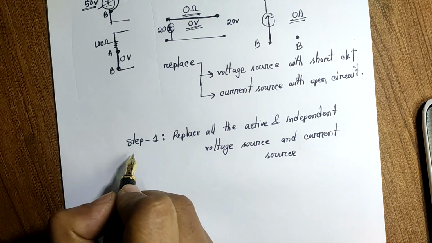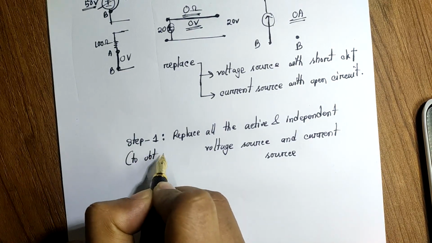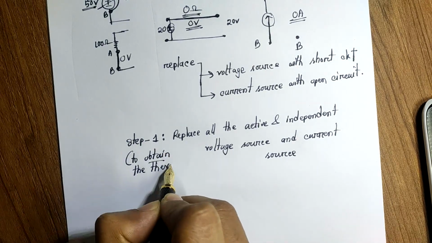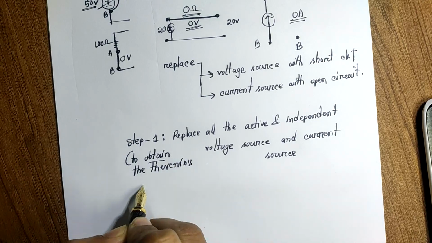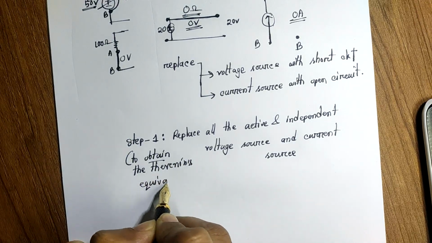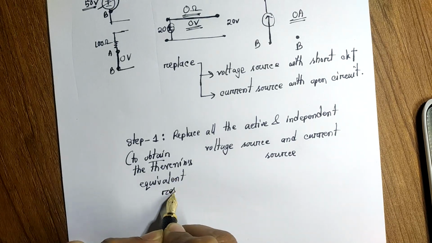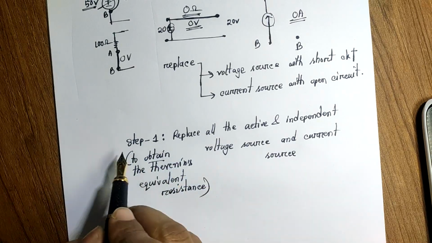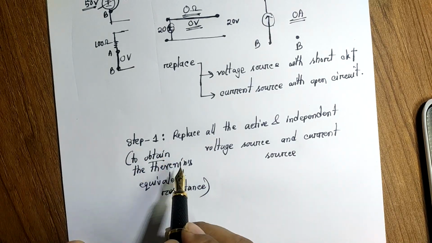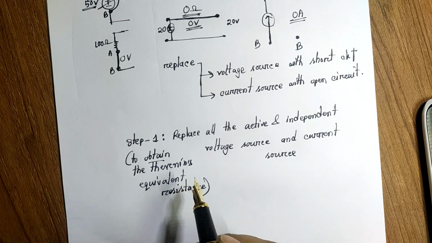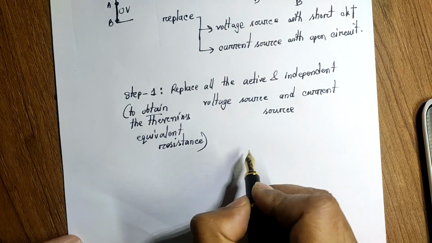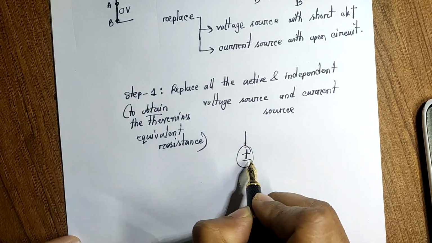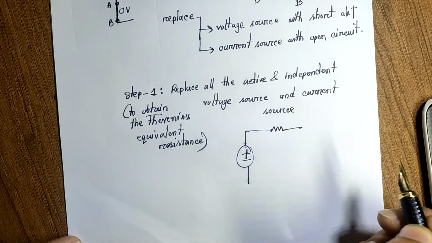is done to obtain the Thevenin equivalent resistance. That means we will proceed with step number 1 in order to find the Thevenin's equivalent resistance. And by Thevenin's equivalent resistance, what I mean is, if you remember, in the Thevenin equivalent circuit, there will be only one voltage source and only one resistance.